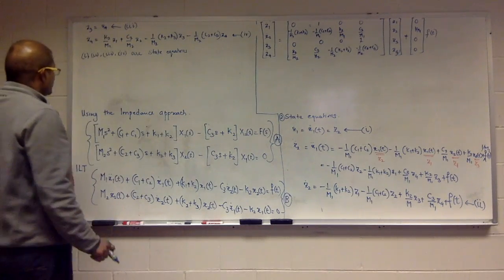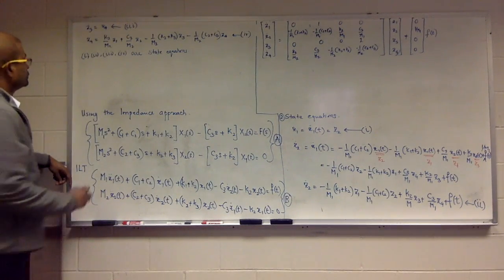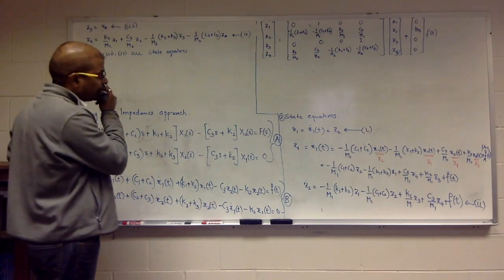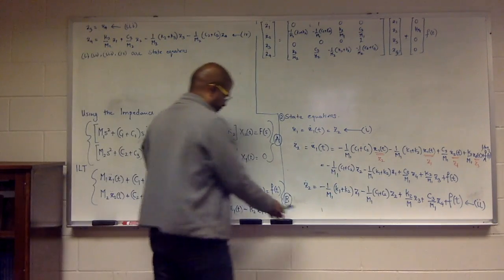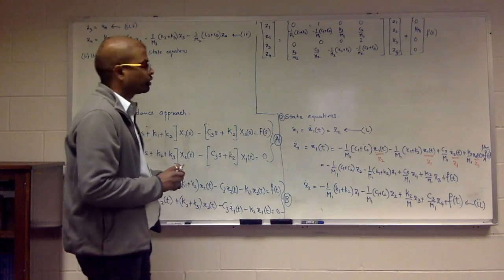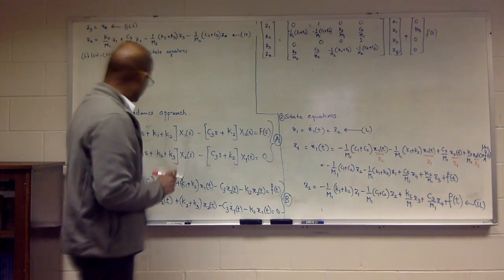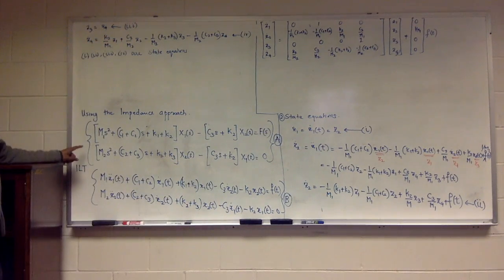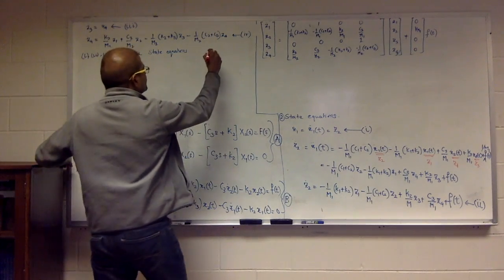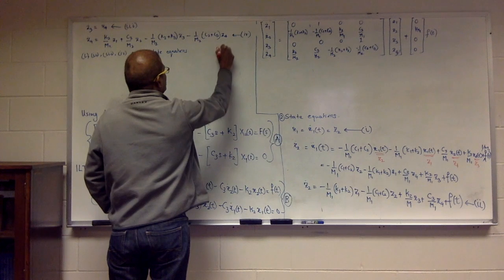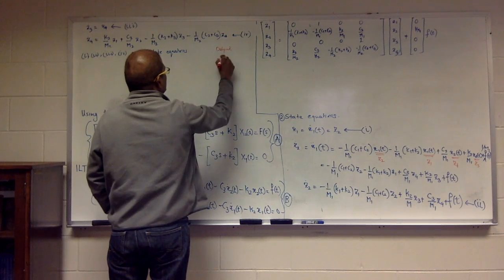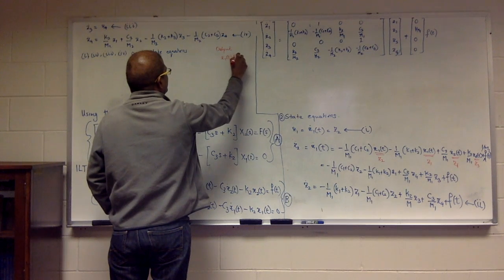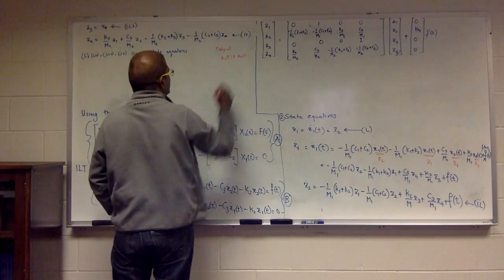Now we introduce something called the output equation. It depends on how you define your output. Let's say I define output as x1 of t and x2 of t.